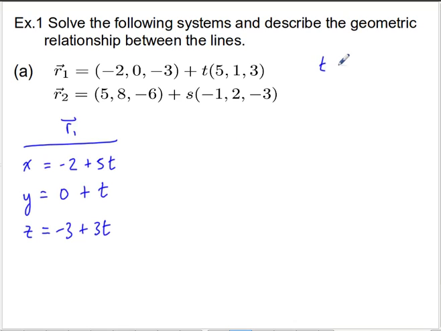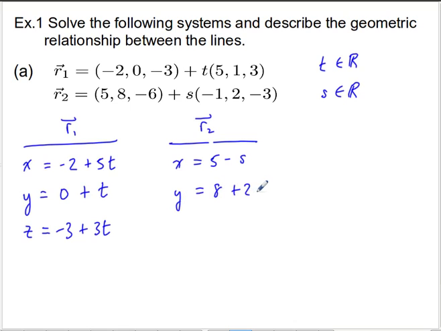And here I should have mentioned that t is a member of R and s is a member of R. Those are the scale factors for the direction vectors. For the vector r2, I end up with the x coordinate is equal to 5 minus s. The y coordinate is equal to 8 plus 2s. And the z coordinate is equal to -6 minus 3s.